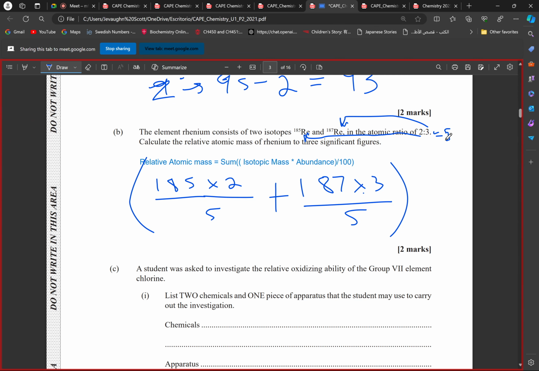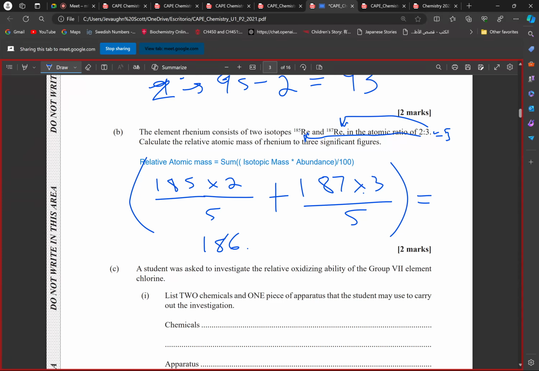What are the values that we're getting now? 186.2. Lovely. It's just to three significant figures.